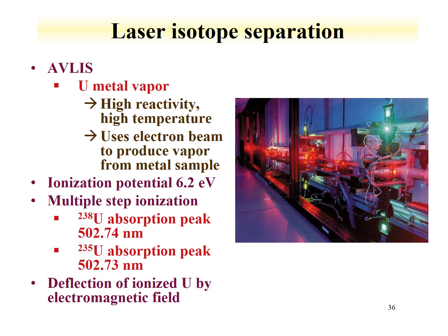So what one can do is multiply ionize the uranium-235 preferentially, first by hitting this 502.73 to make an excited state, and then taking that excited state and ionizing it. The uranium that's ionized is deflected by a magnetic field, thereby enriching the uranium-235, and like the other systems, one would need a cascade.